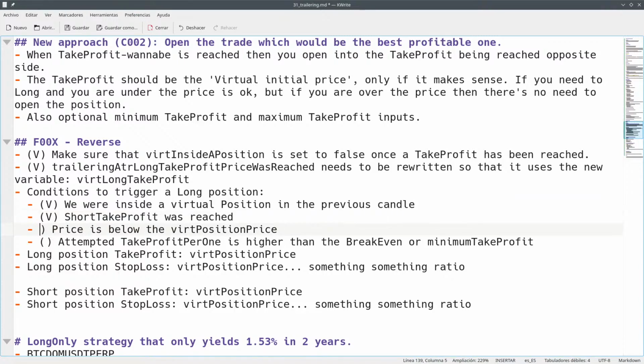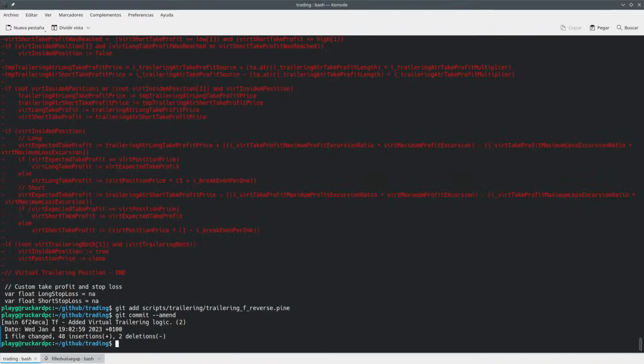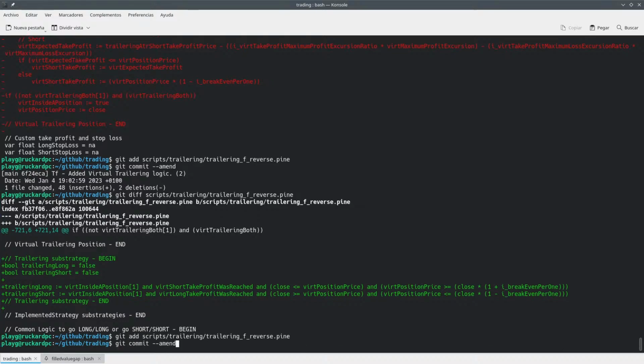So take profit needs to be the position price and so on. So now we can add this, and this is going to be number 3.